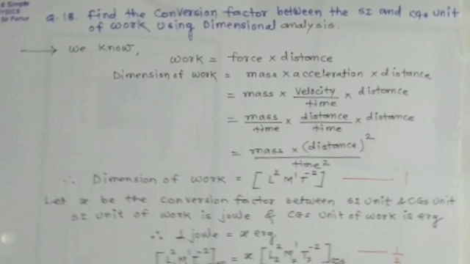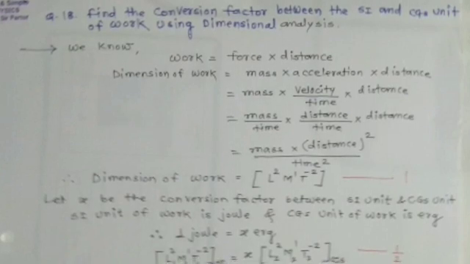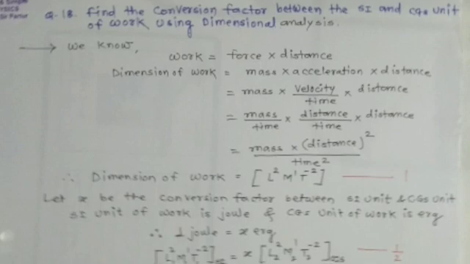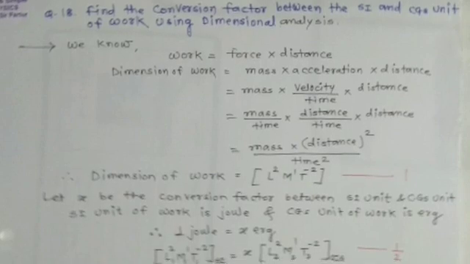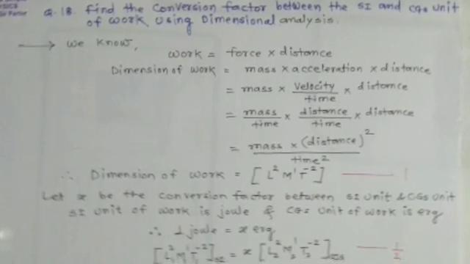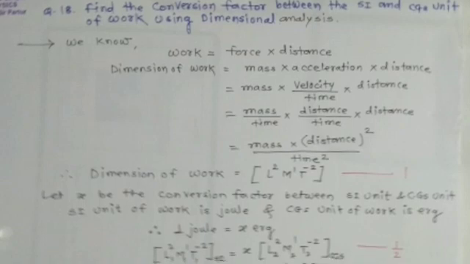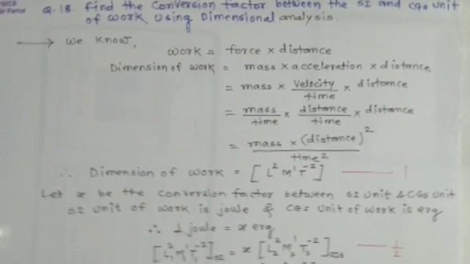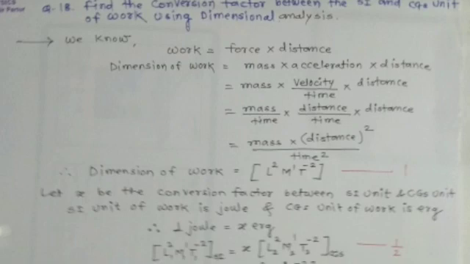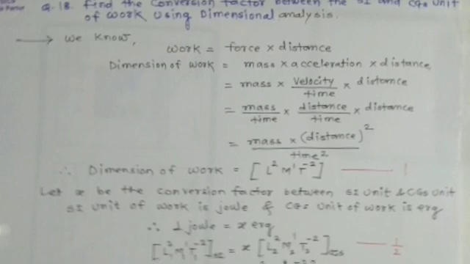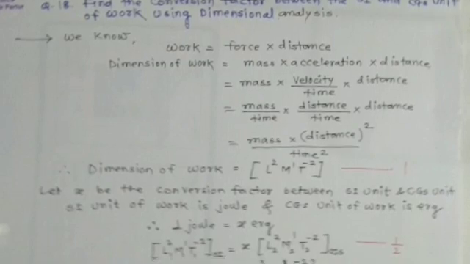Question number 18. Find the conversion factor between the SI and CGS unit of work using dimensional analysis. Answer: first of all, we want to find the dimension of work.